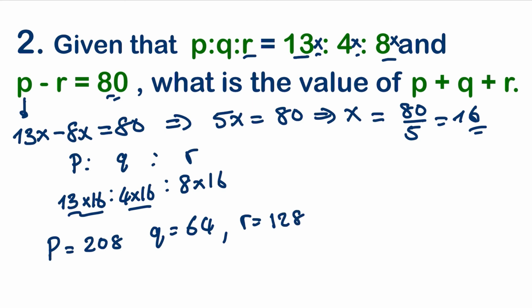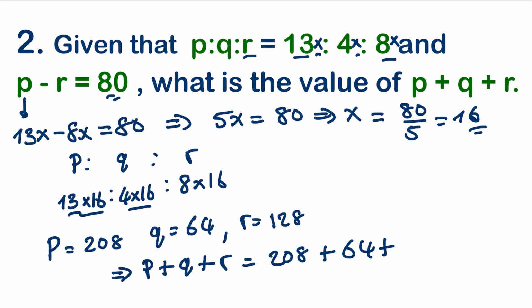If we need to sum them up, as the question says, find the value of P plus Q plus R. This will give us 208 plus 64 plus 128.